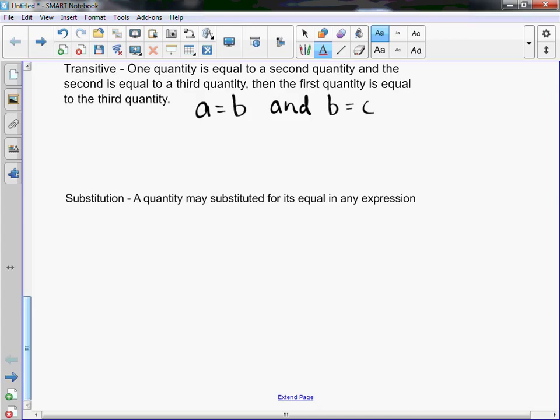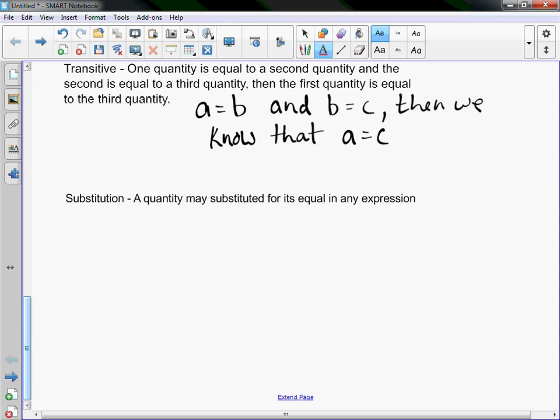So if A is equal to B and B is equal to C, then we know that A is equal to C.